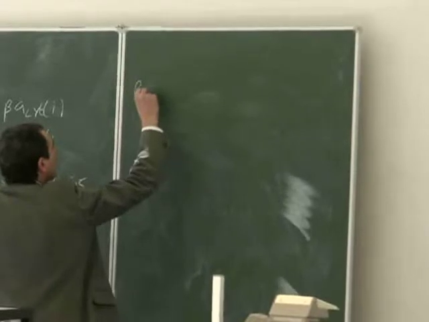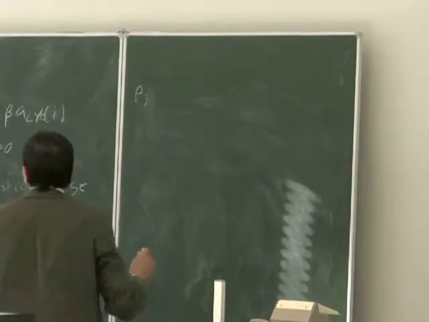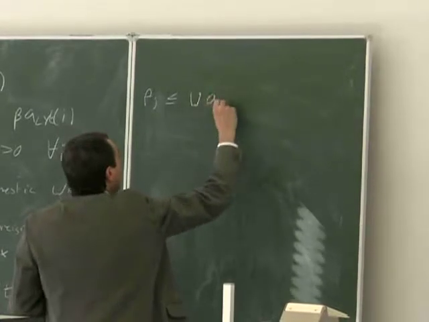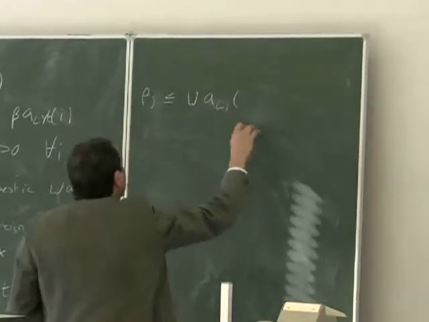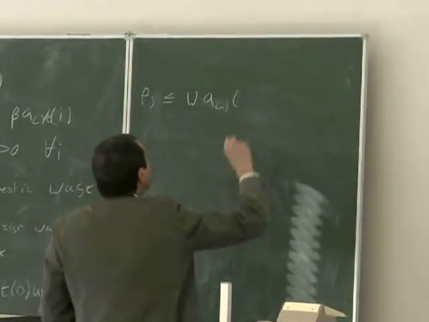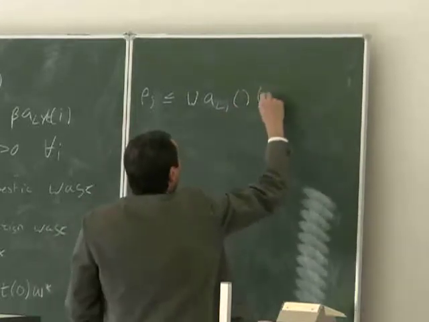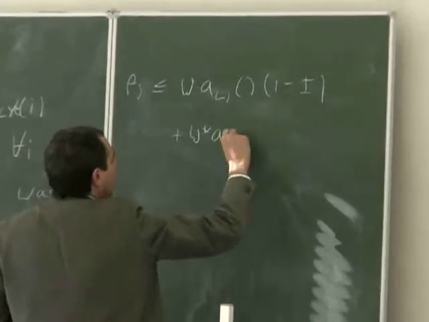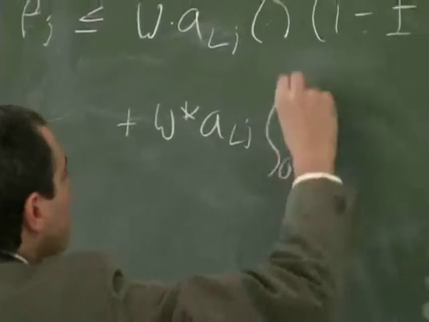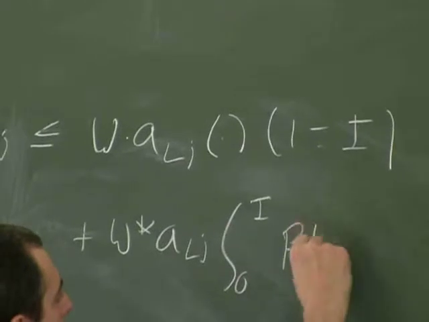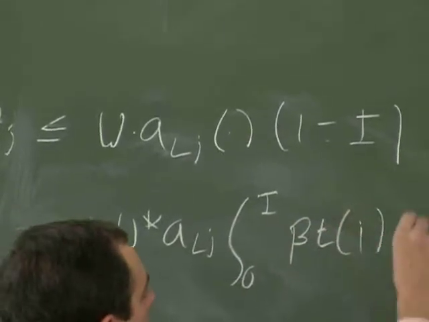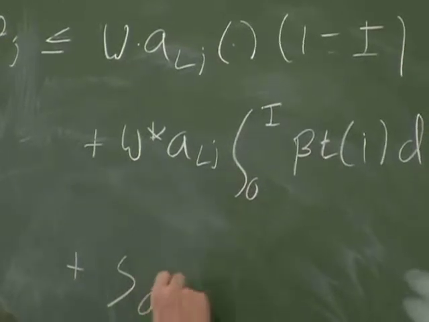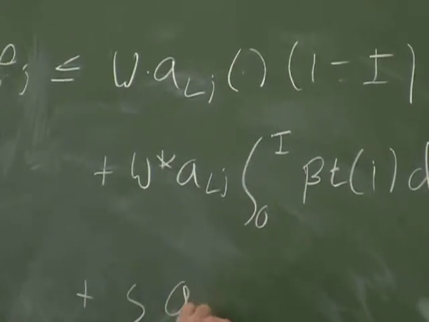The price of good J is going to be less than or equal to W times A_LJ times 1 minus I, plus W star times A_LJ times the integral from 0 to I of beta T_i di, plus S of A_HJ.